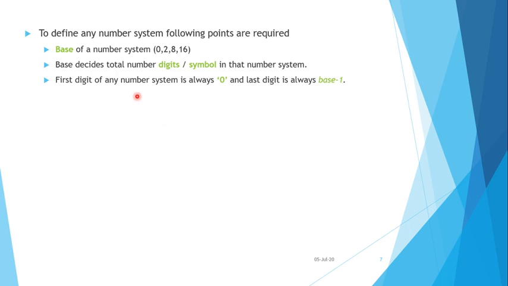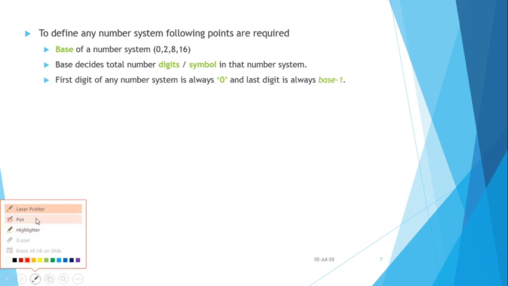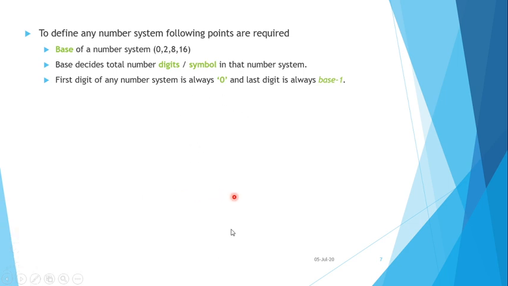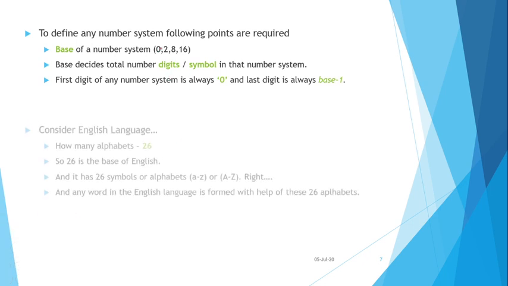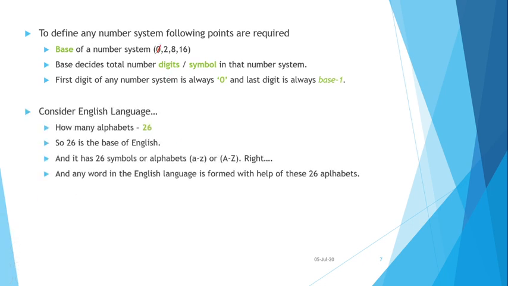Now, to define any number system, the following points are required. And what are those? Base of a number system. Here the base of a number system is very important. Sorry, we don't have 0, we have 2, 8, 10 and 16 as the base of the given number system.